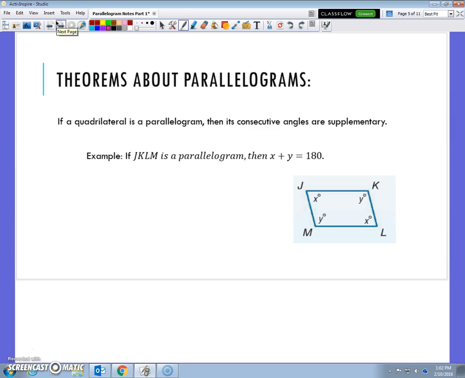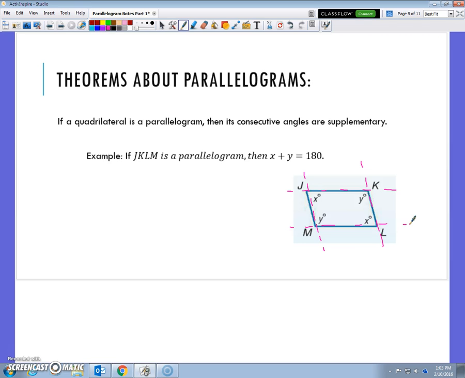Another theorem that we can talk about is that consecutive angles are supplementary. Again, this is stuff that we've talked about for a while now, and it had to do with the parallel lines and all the different relationships with these parallel lines. But now we're going to actually apply that to quadrilaterals.